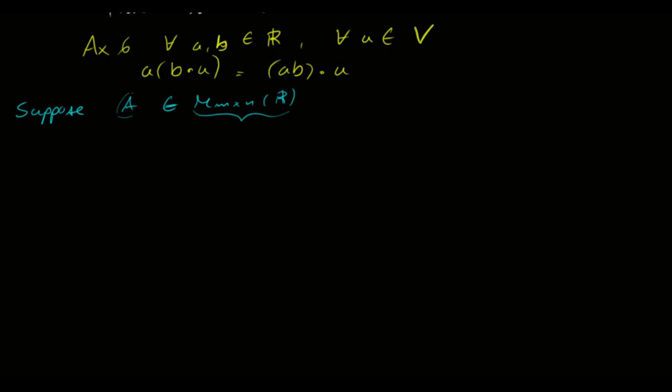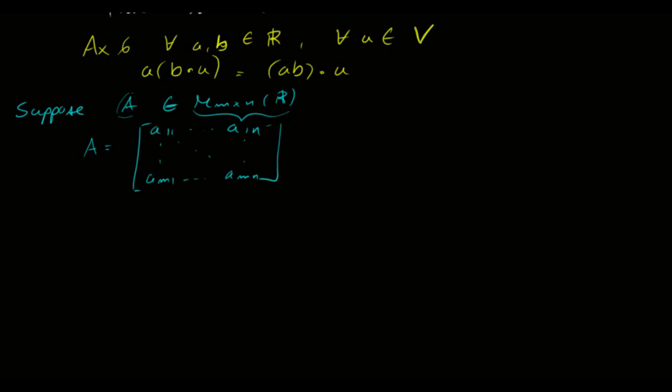Well, if A belongs to m by n, that means that A can be written as a general matrix that looks like A11 through A1n, and then down here AM1 through AMN.